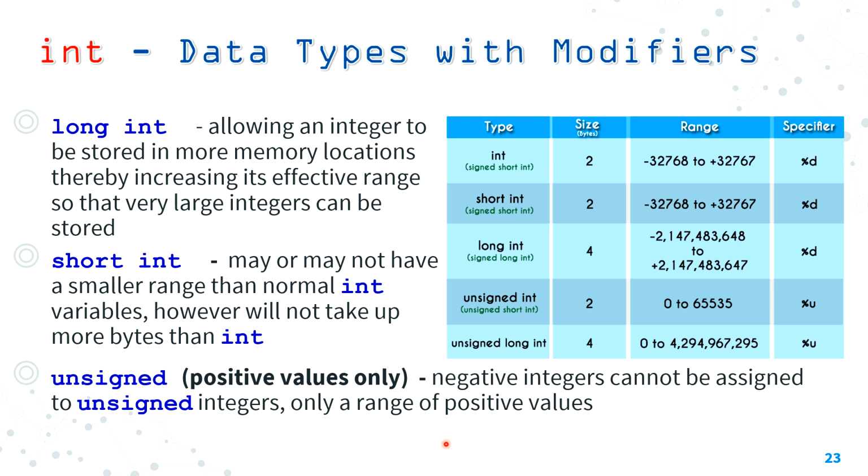So by combining int with modifiers like short, long, and unsigned, we can control how much memory is used and what range of values an integer can store. This gives us more flexibility and efficiency when writing C programs.